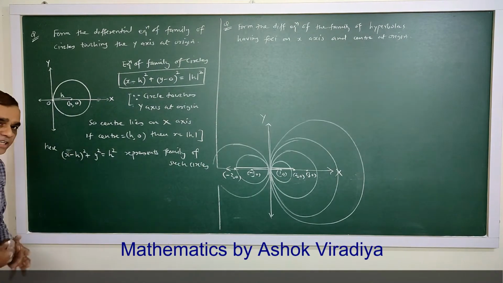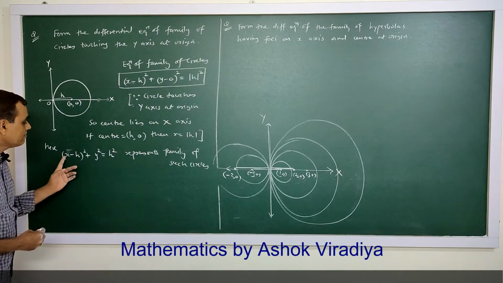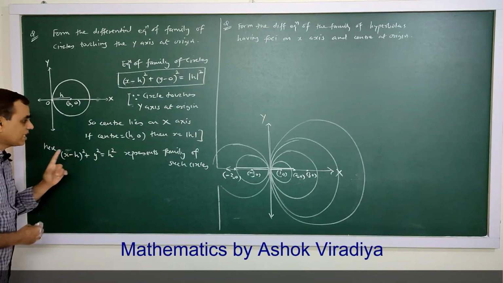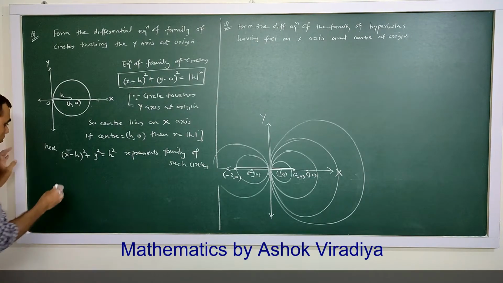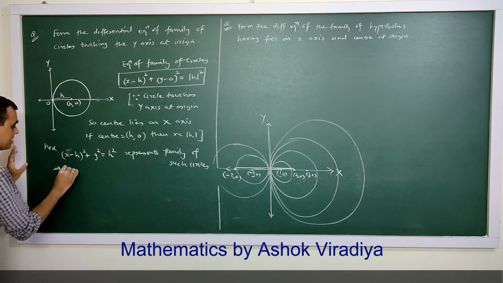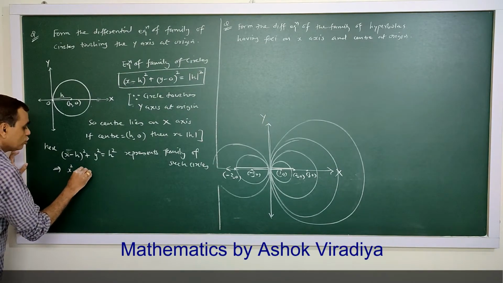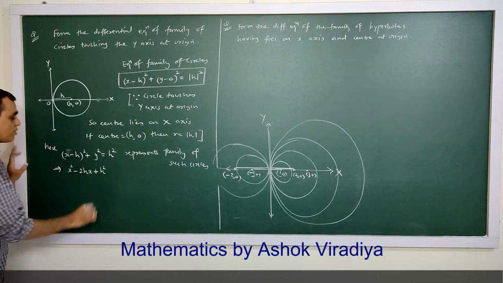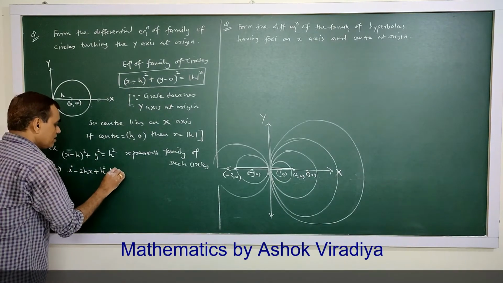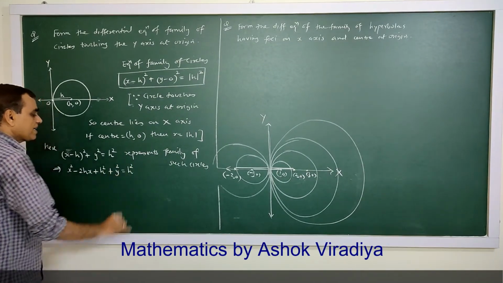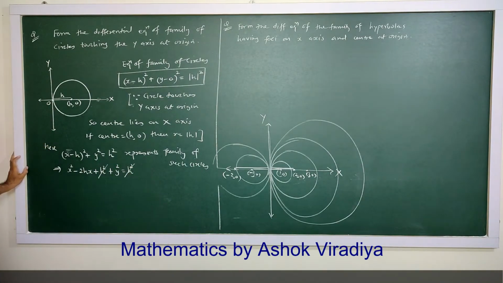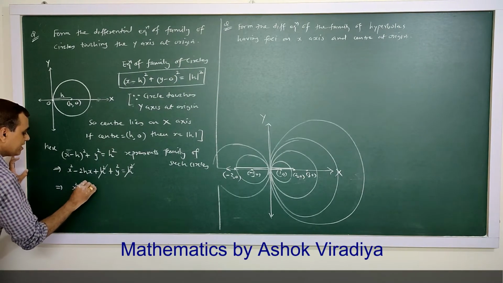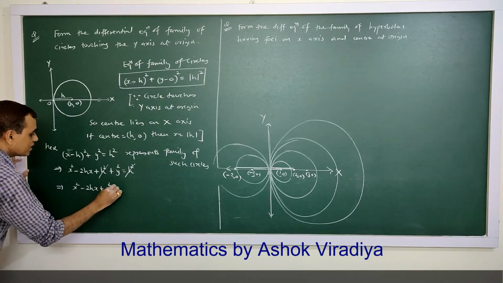Here how many arbitrary constants? Number of arbitrary constants is only 1. Let me simplify more. Simplifying this, it is x square minus 2hx plus h square plus y square equal to h square. H square is cancelled. That is, x square minus 2hx plus y square is 0.